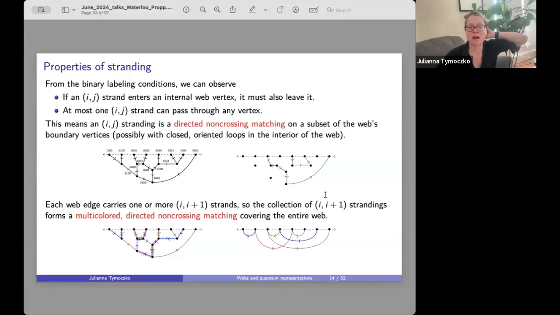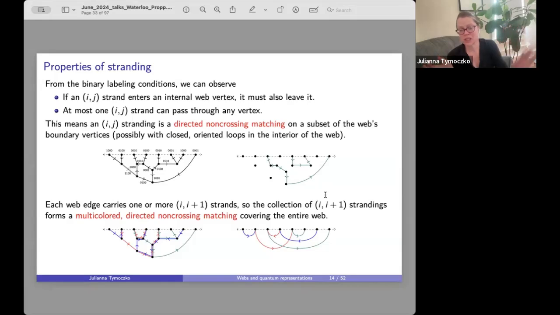The punchline here is, maybe one other thing that's not immediately obvious: these I plus one strands are creating a multicolored directed non-crossing matching that covers the entire web.